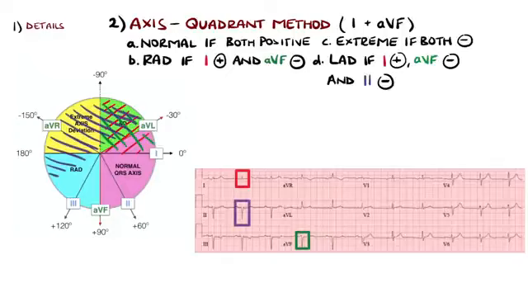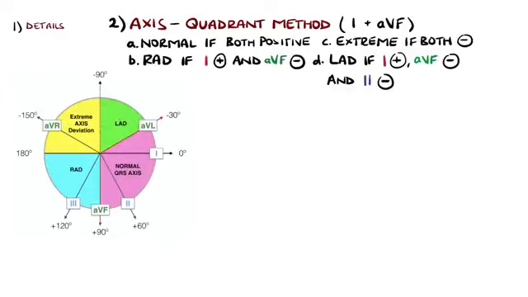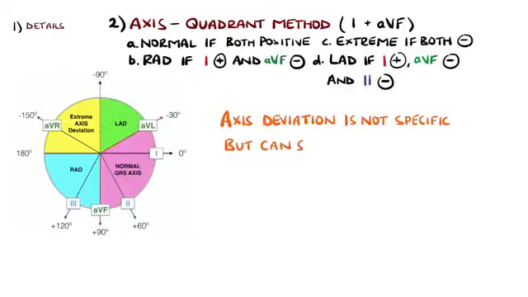If it is negative, the axis is deviated to the left. Axis deviation can occur in many different conditions and is not specific, but looking at it first can alert you early that there could be further abnormalities.